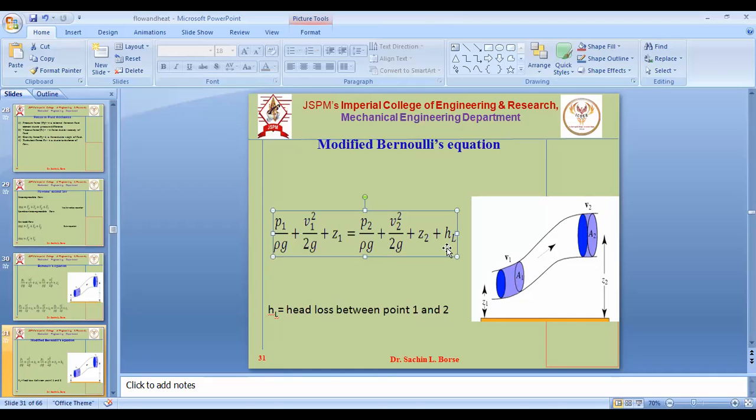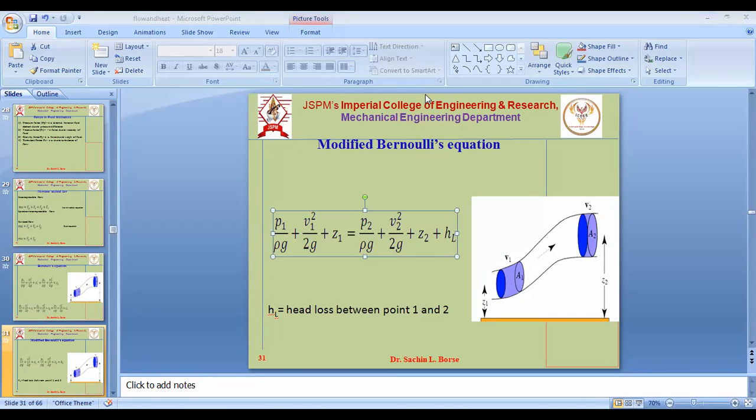Which side do we add the head loss? One is upstream and two is what? Downstream. So on the downstream side we have to add the head loss. Then it becomes the modified Bernoulli's equation, and we use it.